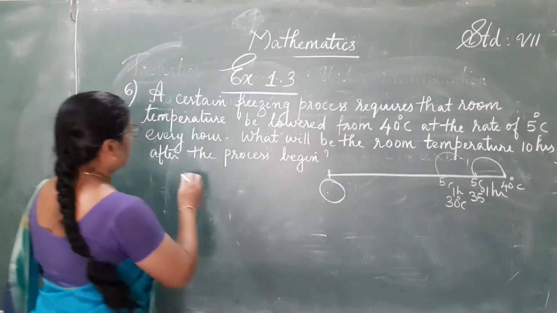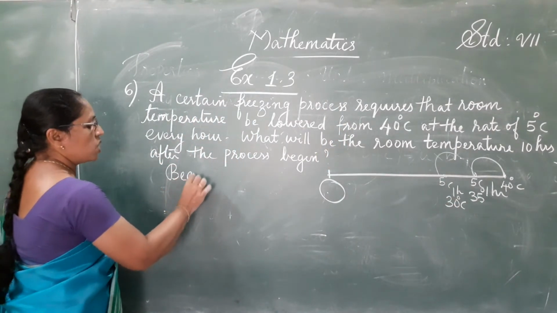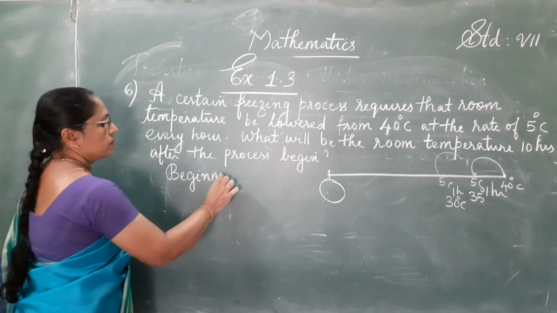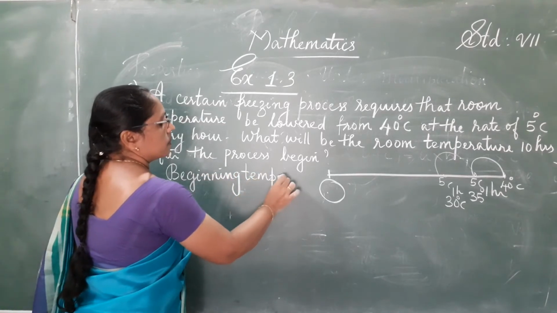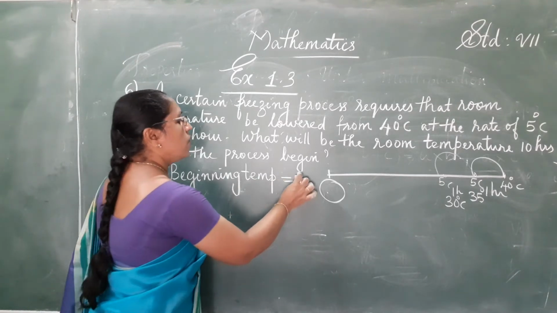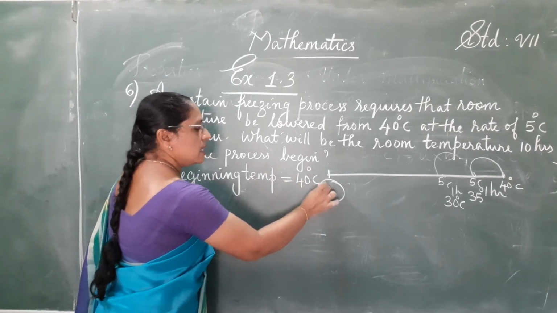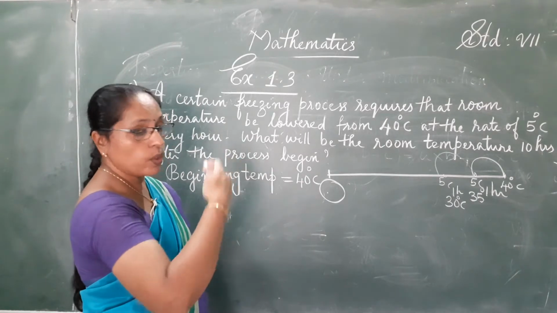Okay. So, the beginning or initial temperature is equal to 40 degrees Celsius. How is it going down?